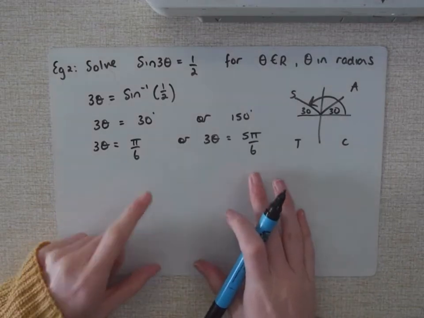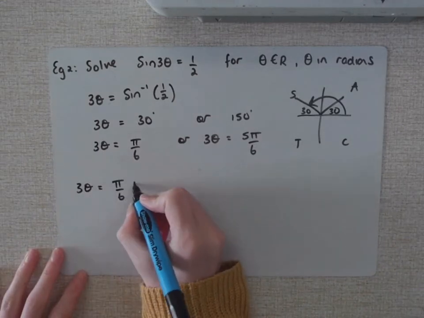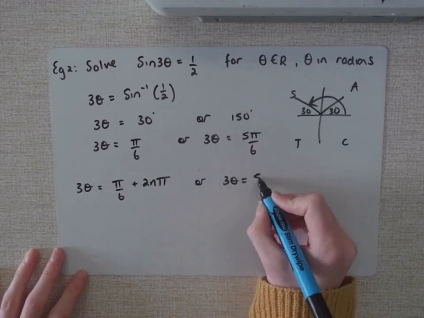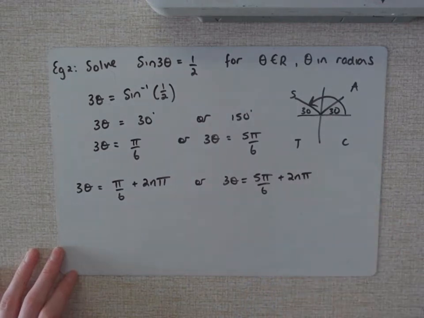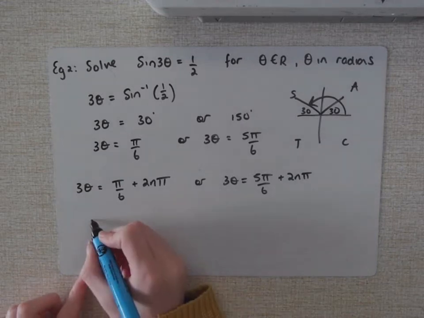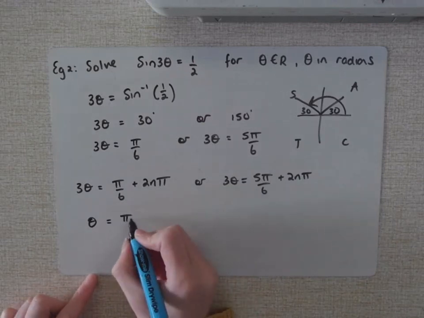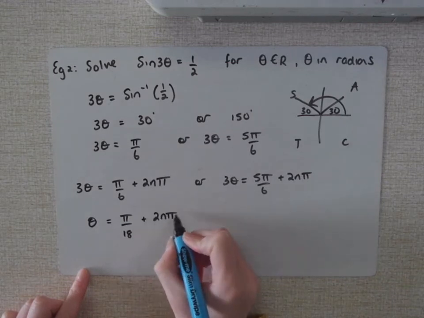I need to get the general solution, so add on your 2n pi to both. And the last thing you're going to do is get theta by dividing both of them by 3. So 3 goes underneath, 3 goes underneath.